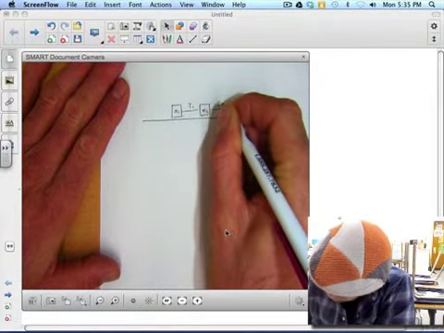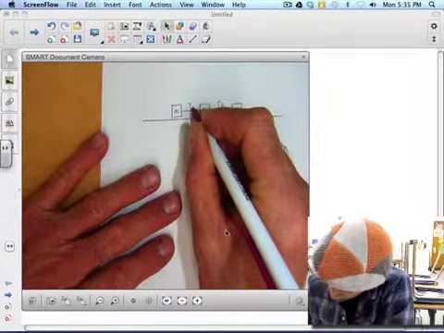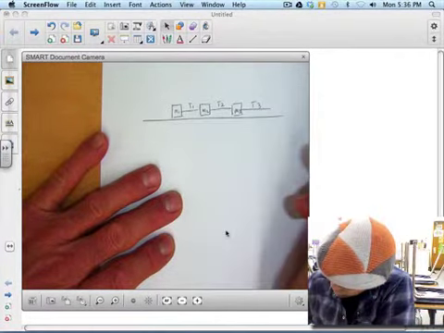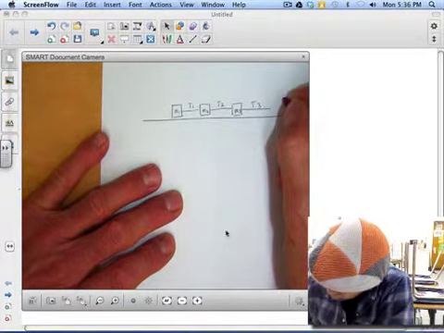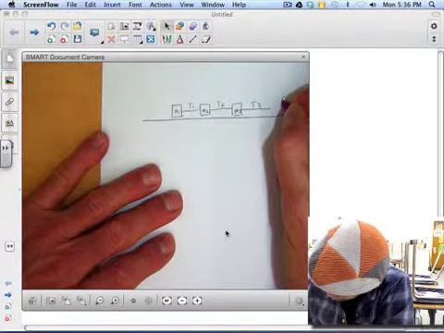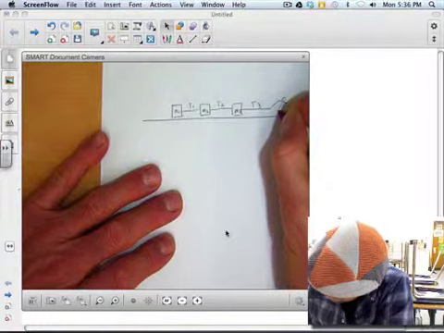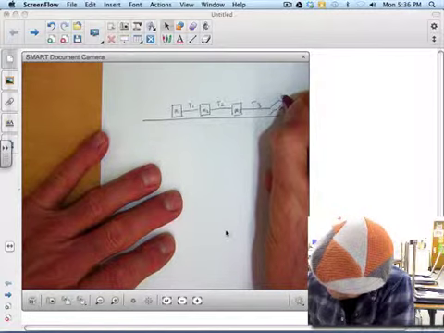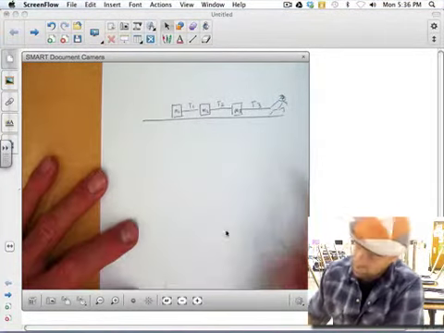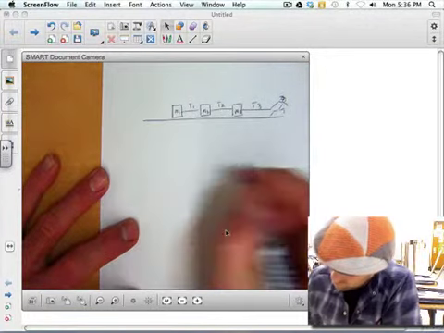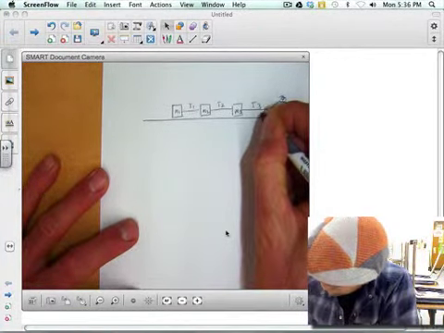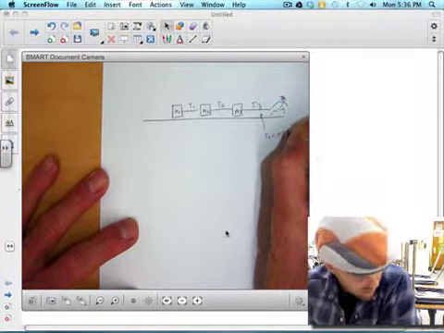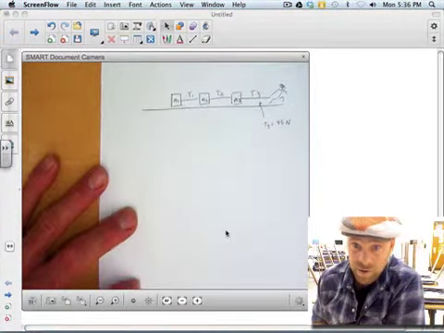I'll call this T2 for rope 2, T1, rope 1, and then it looks like T3 we already know, and I'll draw a little person pulling just so I can have an object actually pulling. All right, and we're given T3 as 45 newtons. So let's see what we can figure out here.